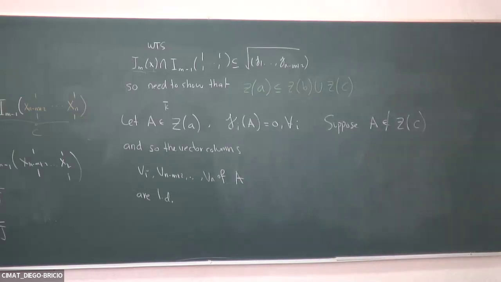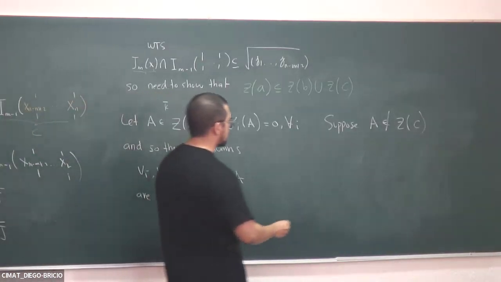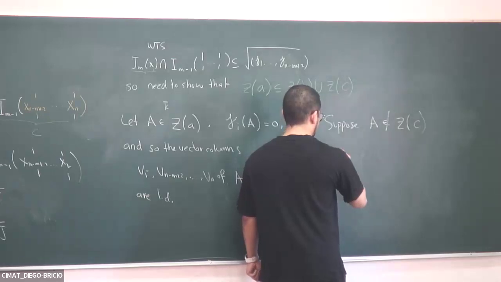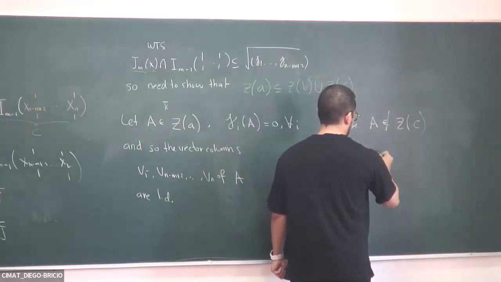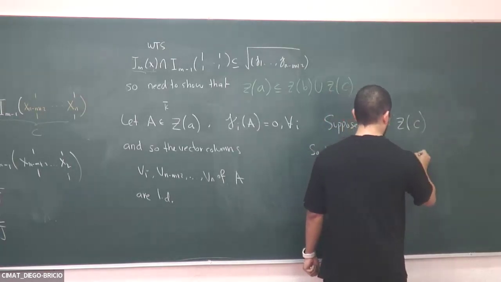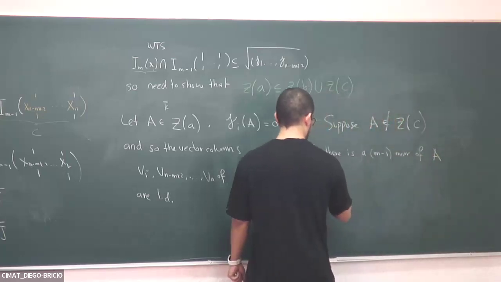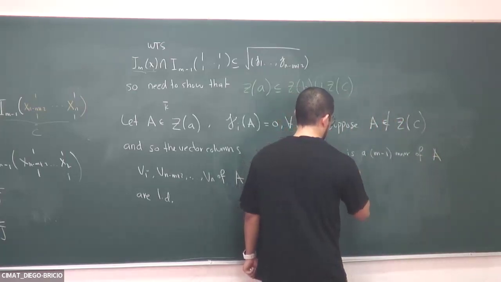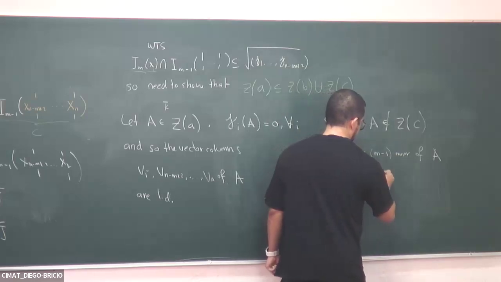If A is not in here, that means there must be some minor of size n minus 1 times n minus 1 that doesn't become 0. So there is an n minus 1 minor of A such that it is not 0.